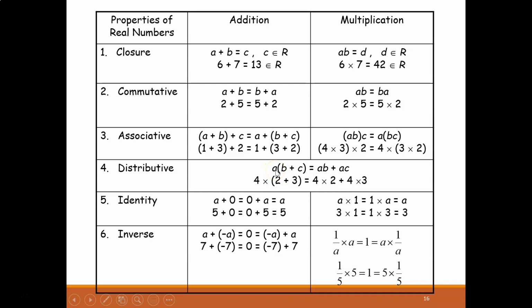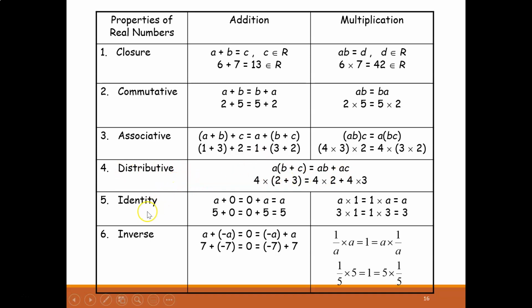So you're going to open the bracket, means that you're going to multiply each of these, A times B plus A times C. So you will get this. So that is distributive. Distributive means you edarkan or you bagi-bagikan or you kembangkan.